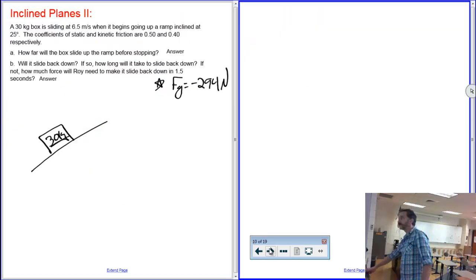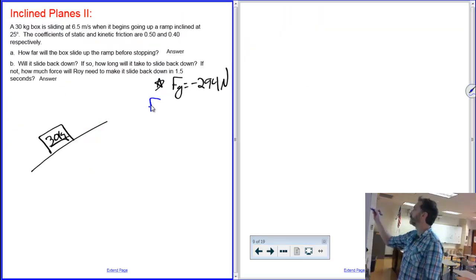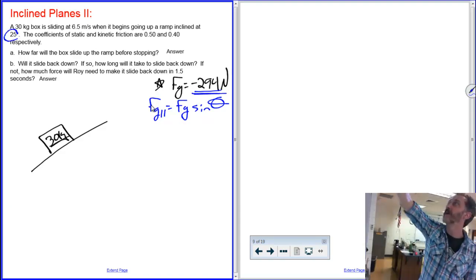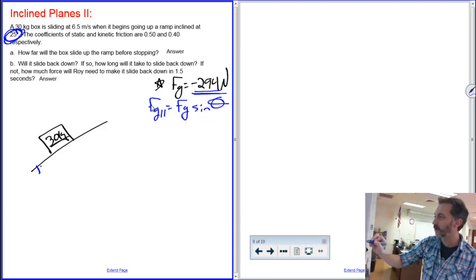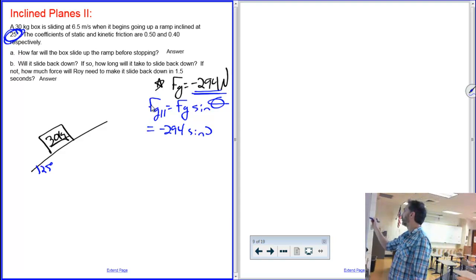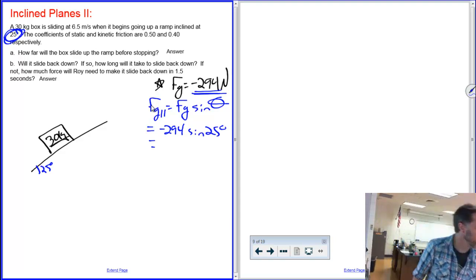I usually do parallel first, not for any reason. So Fg parallel, remember that's just Fg times the sine of theta. So here's my Fg. My theta is 25 degrees. So I'm going to get negative 294 times the sine of 25 degrees.